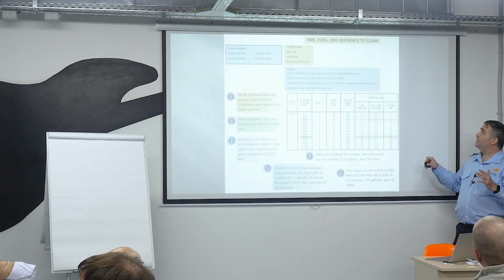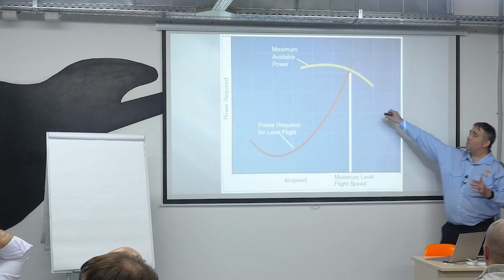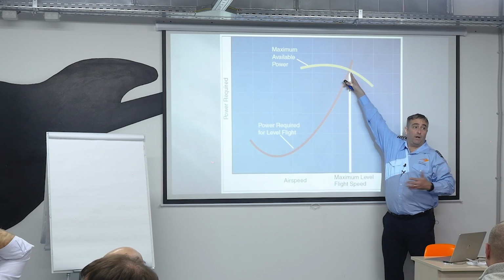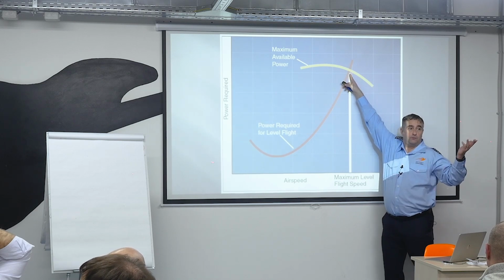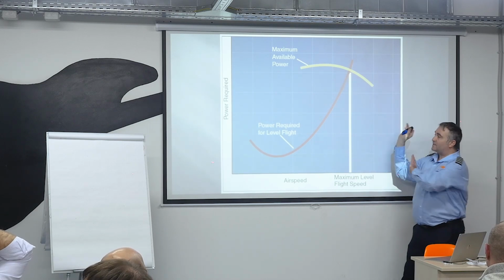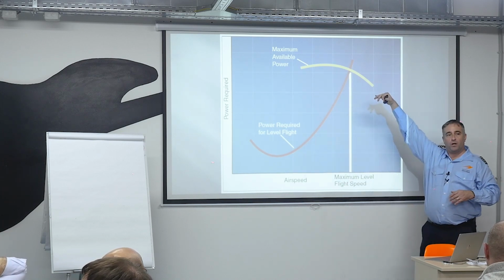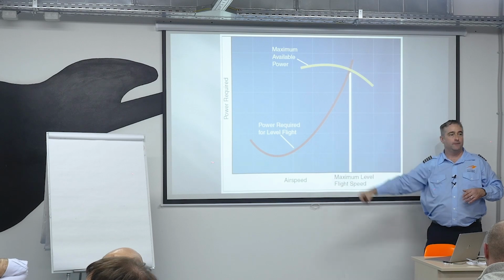Remember this chart where we were talking maximum available power? That's where I am now, but I'm there because of altitude. This entire chart will slide to the left, and for non-turbocharged airplanes, it'll slide left and down.